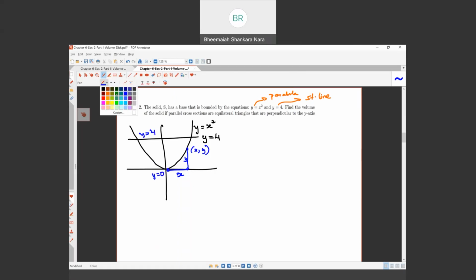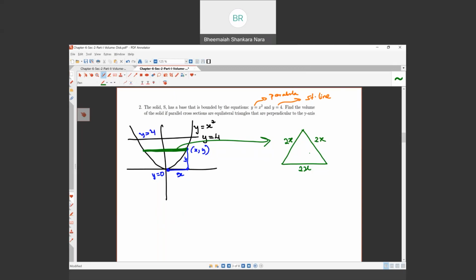So here are the parallel cross sections you take. These parallel cross sections here are actually triangles. So let me draw the equilateral triangles, and they are perpendicular to the y-axis. Each of these lengths here will be 2x, 2x, 2x, because they are equilateral triangles.